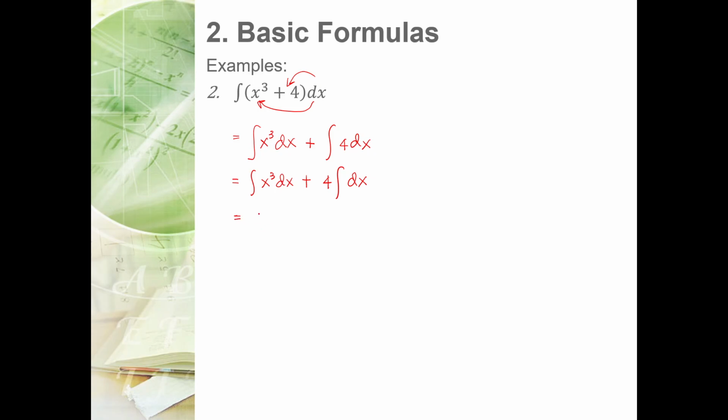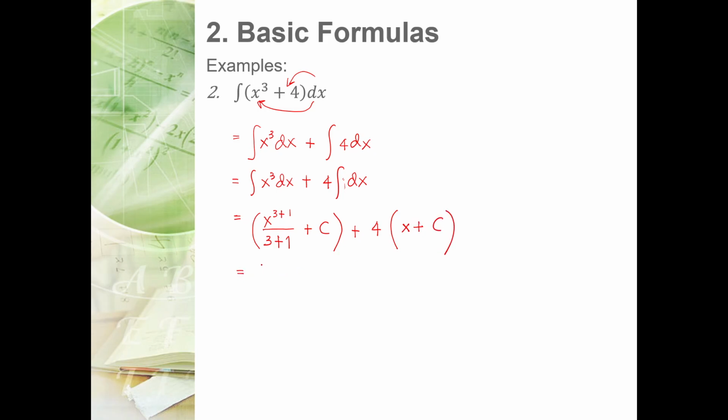Okay, so in the first integral, we can use the exponential rule. So x cubed, plus 1, and then the denominator is the whole number 3 plus 1. Again, we have one constant plus c. Times 4. Then the integral of dx, again we have an invisible 1. The integral of dx is x plus c.